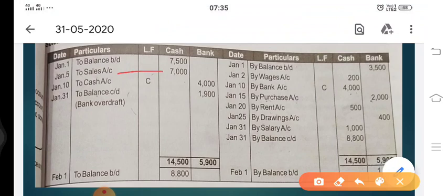In the form of a journal entry, cash account debit to sales account. Since cash had been debited, we go to the debit side of cash, but the name of the opposite party, that is, to sales account. Right, students?